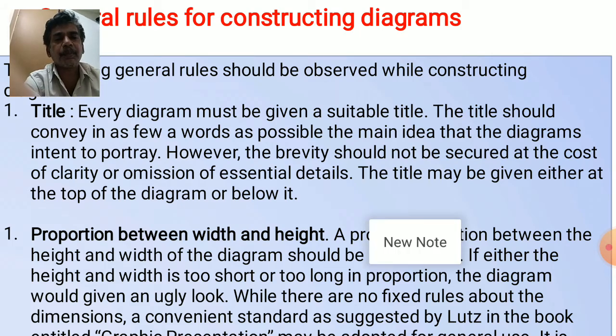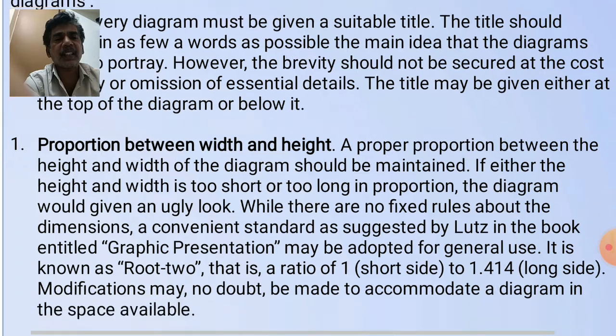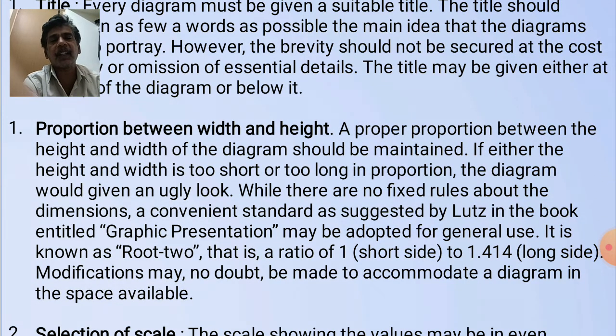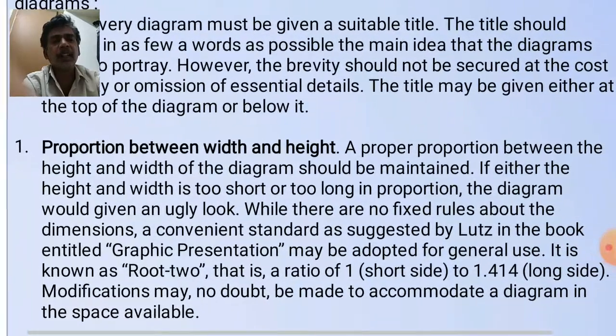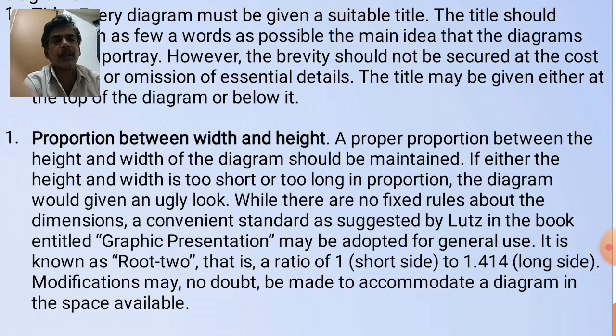Now, proportion between width and height. A proper proportion between height and width of the diagram should be maintained.